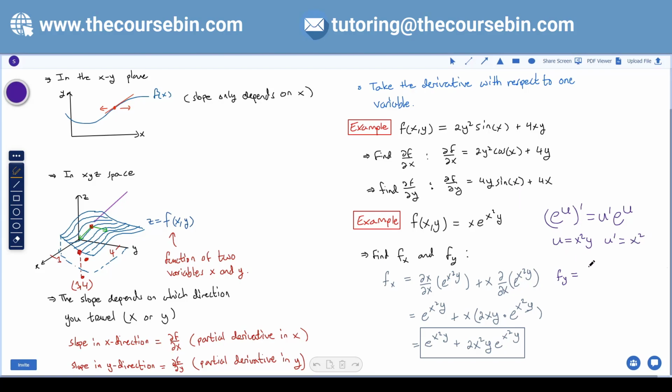So that means the partial derivative is going to be x times x squared e to the x squared y. Right, so there isn't a product rule going on here because the x is a constant now. So now you get x cubed e to the x squared y.